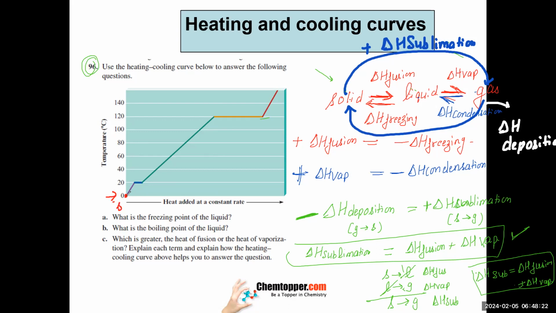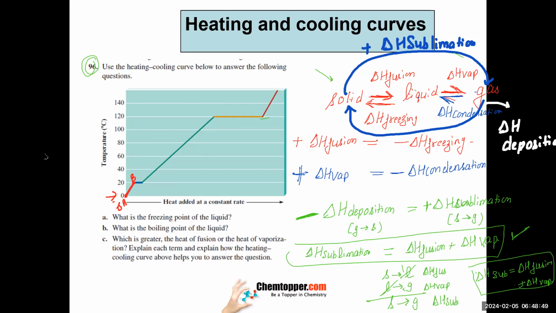And as temperature is increasing, what is the state on this red line? Let's say this is A point, this is B point. What is the state between A and B? A and B is solid only. State is not changing. B is also solid.